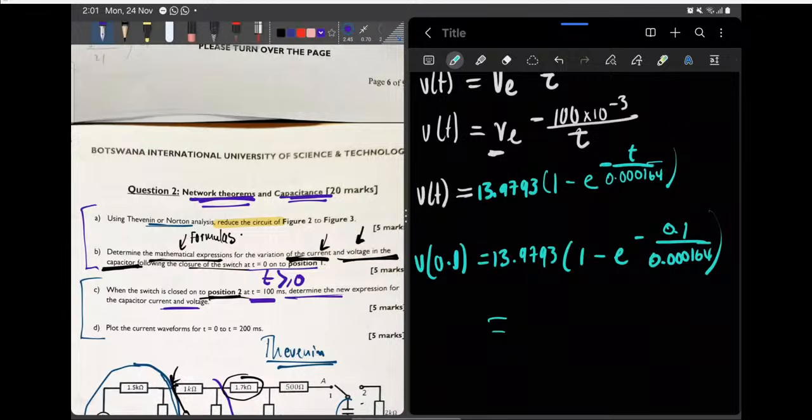13.9793 open bracket 1 minus e to the power of negative 0.1 over tau.